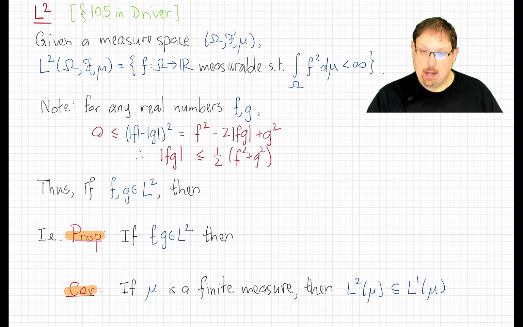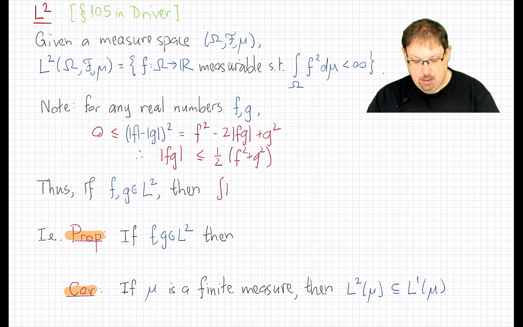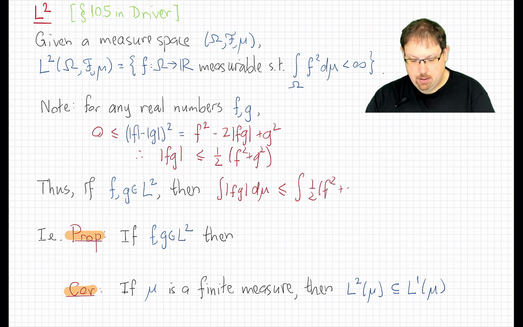What we can conclude from that by the monotonicity property of the integral is that if I have two functions, f and g, in L2, then the integral of the product in absolute value is less than or equal to the integral of 1/2 the sum of squares.